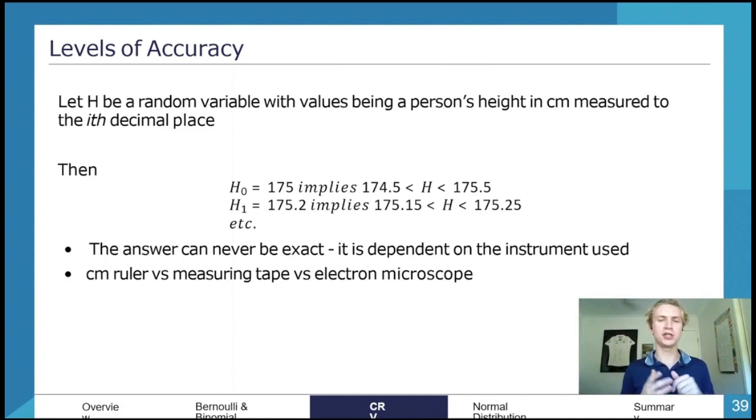So if you do biology, chem, physics, if you're doing your reliability correctly, that means that you're going to have error for each measurement.